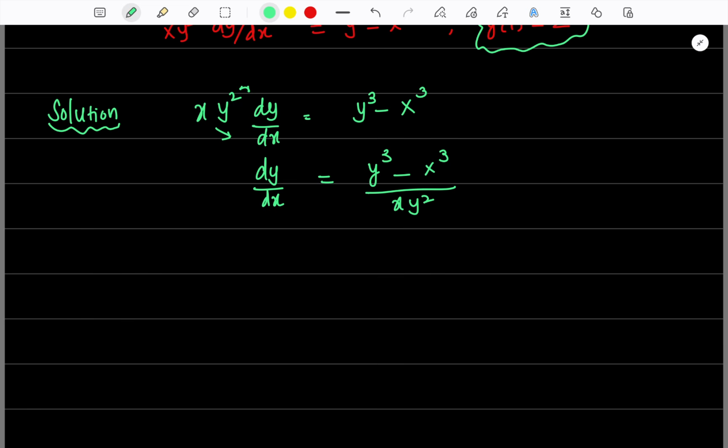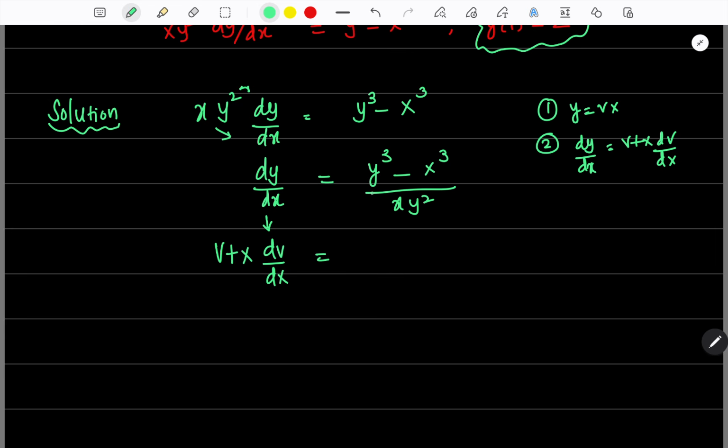So directly I can substitute for dy by dx. What is step number 1? y is equal to vx. What is step number 2? dy by dx is equal to v plus x dv by dx. Okay, right. So this is your v plus x dv by dx, which is equal to y, which is vx the whole cube, minus x cube, divided by x, and y is what? vx the whole square.